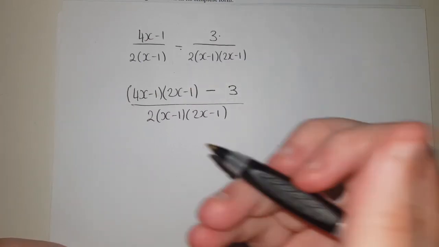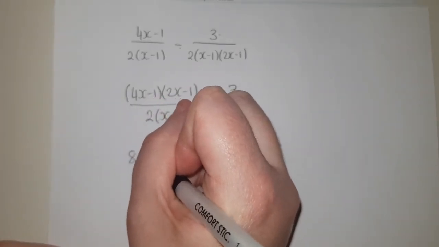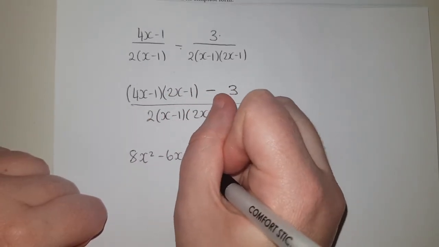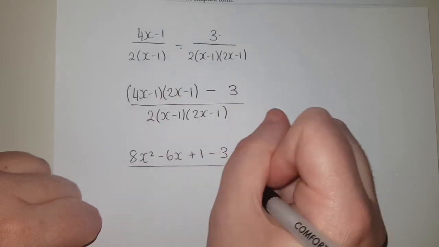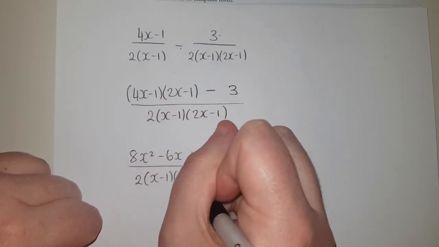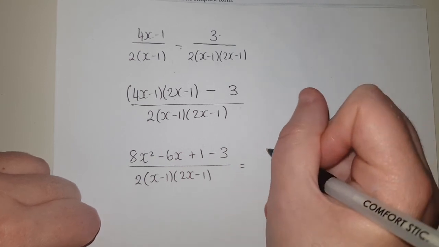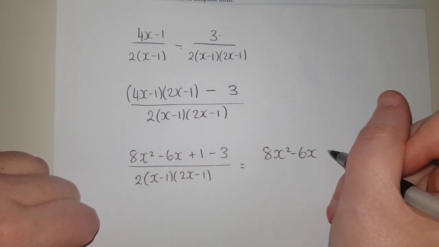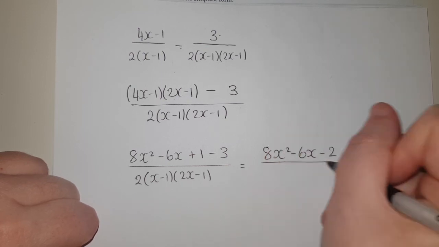So if I expand it at the top, I get 8x squared, I'd have minus 4x minus 6x altogether, and then plus 1 and minus 3. So I've got 8x squared minus 6x minus 2.